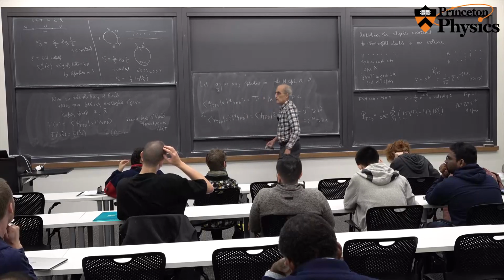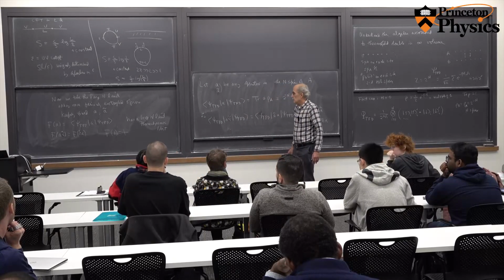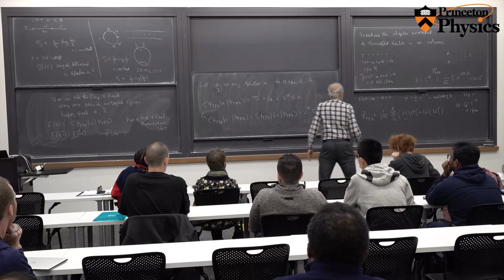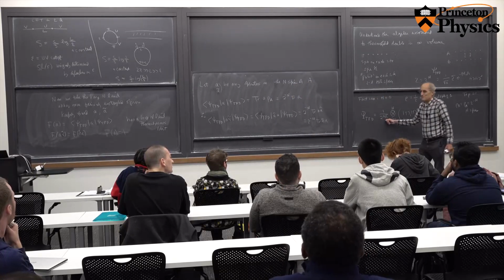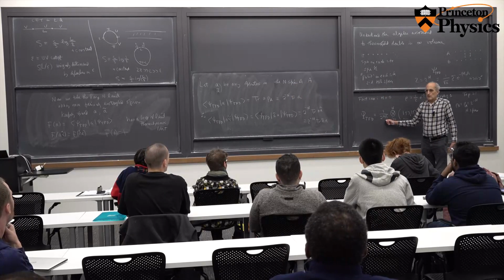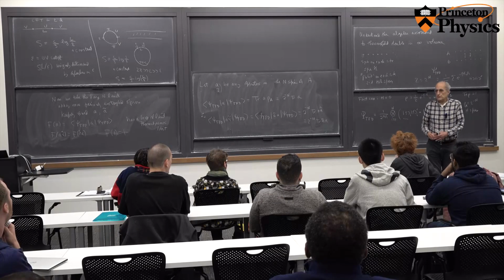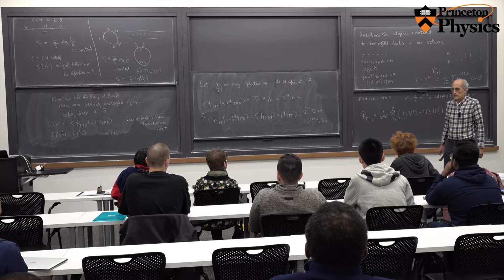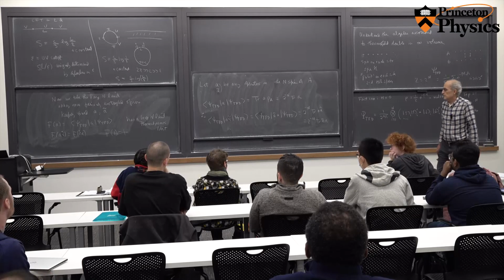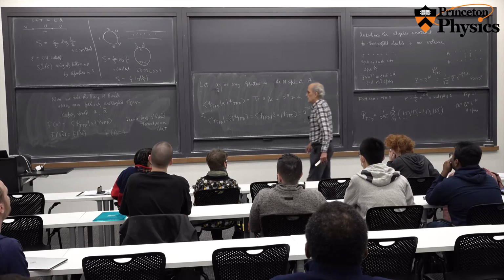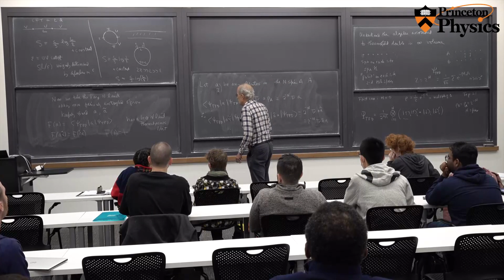Yes? Should we be rescaling by 2 to the n when we take the limit? Well, no, because we arranged, with this factor, so that the state is always a normalized state. I'm just worried that the limit is 0. Well, I'm not sure which limit you're talking about.